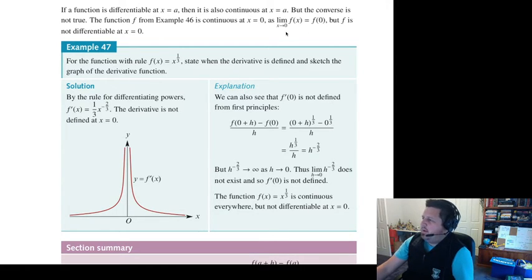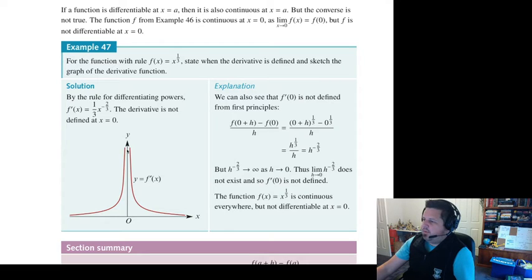Yep. Alrighty, let's have a look at this last thing before you guys do some work. We've got this function here, happy days. It says state when the derivative is defined and sketch the graph of the derivative function. Cool. So we can work out the derivative of this function. It's listed here, happy days. If you were to sketch this, clearly you can see it's a truncus, and in this particular case, there is an asymptote at x equals 0.